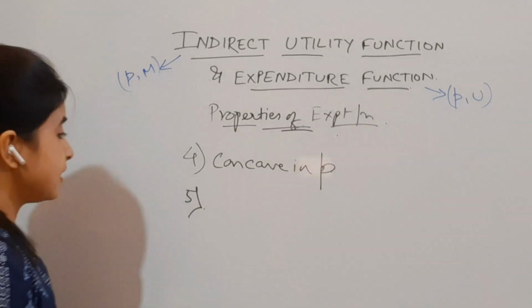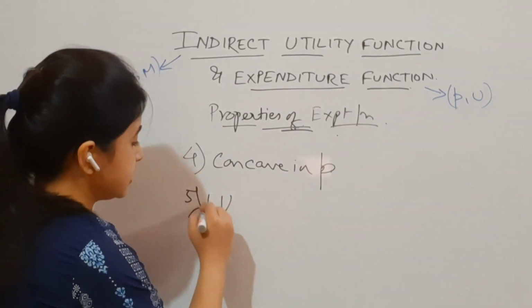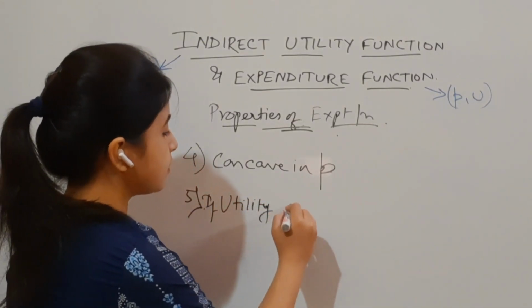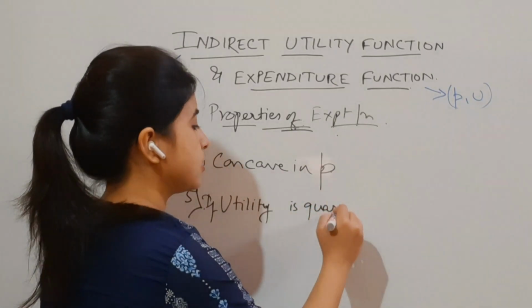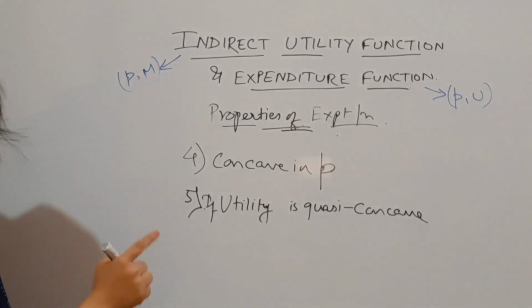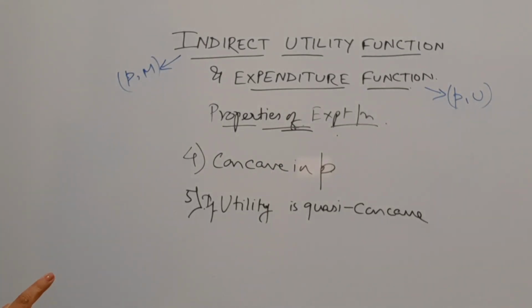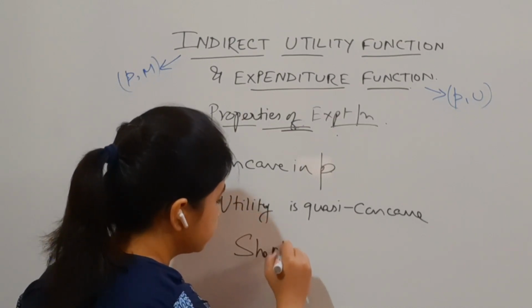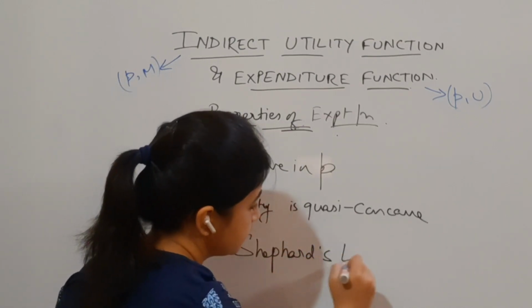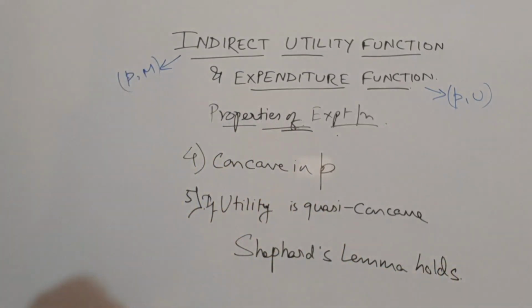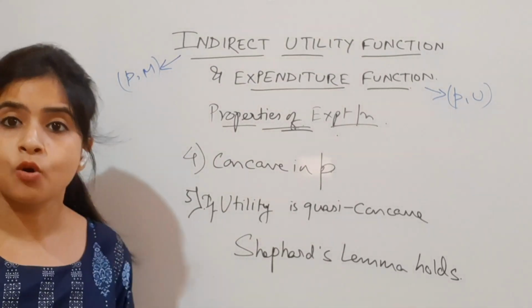And if the utility function is quasi-concave, then Shepherd's lemma holds.